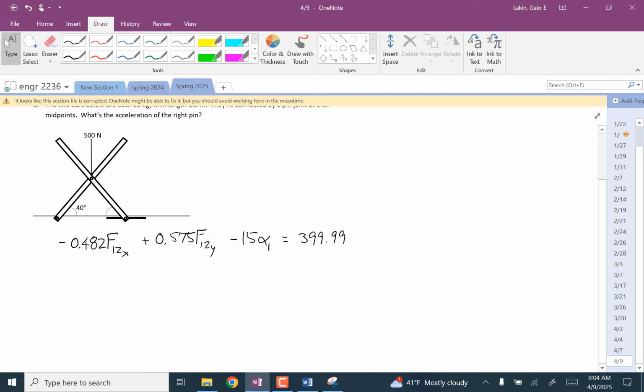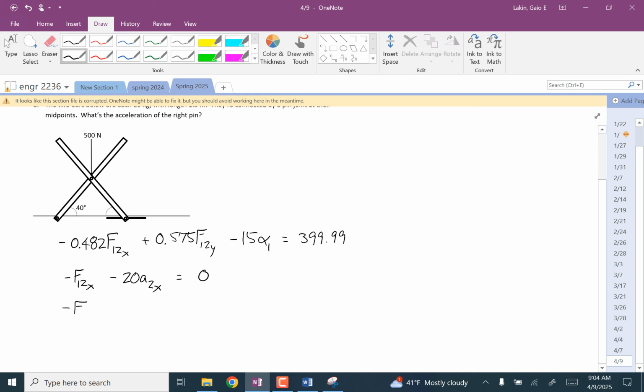And then negative F12x minus 20A2x is equal to 0.